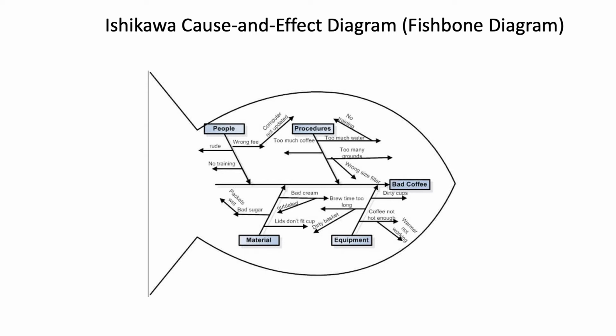Or why did that happen? And these types of questions lead to the inputs to the process or the product that could be potential causes of defects or problems. And you can break each branch of the diagram into limbs and continue to decompose them until you have sufficient detail to identify the source of the problem.